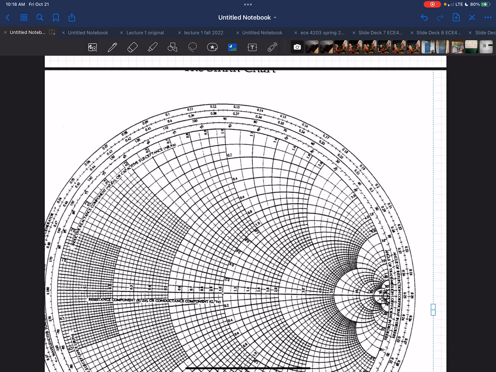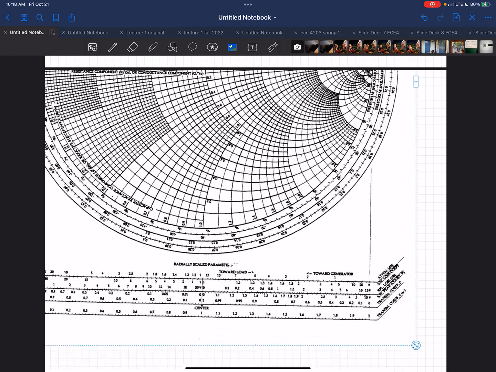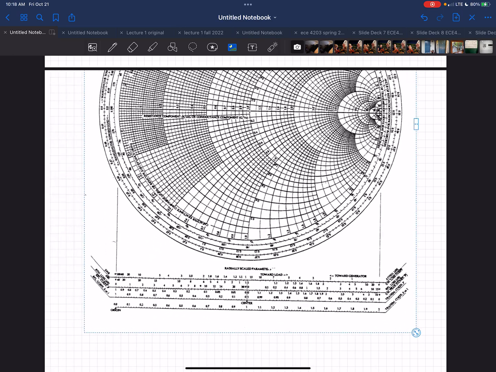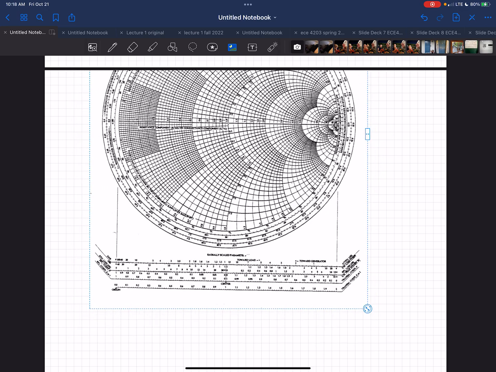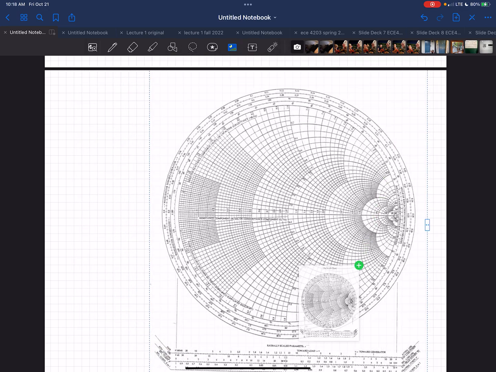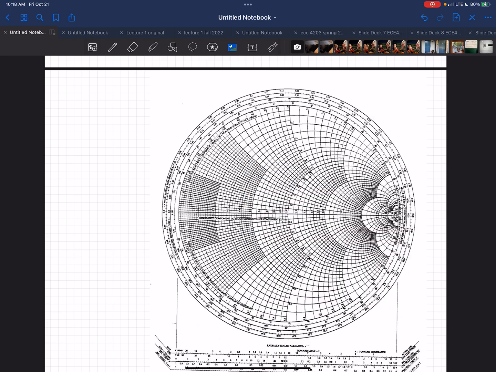Now I can draw on this. Let me make it smaller so we can zoom in. This might not really help. Okay, let's look at this now. So there's a line, a circle up here.